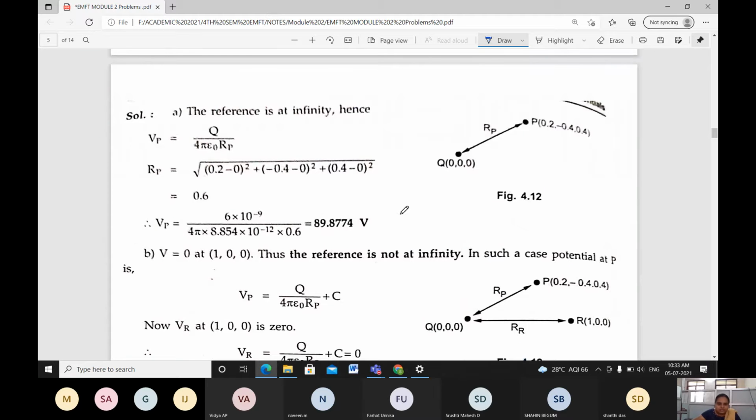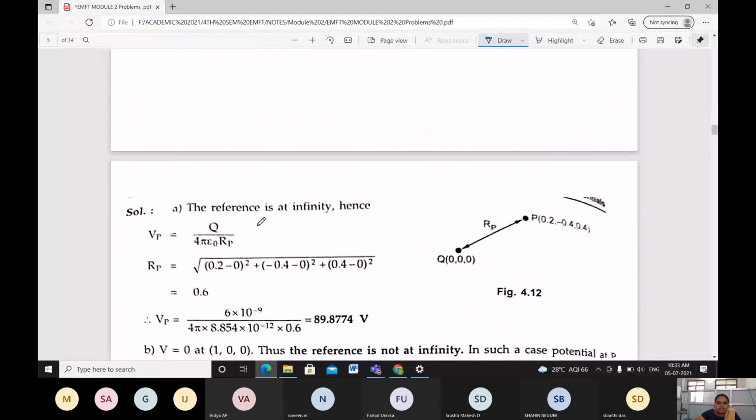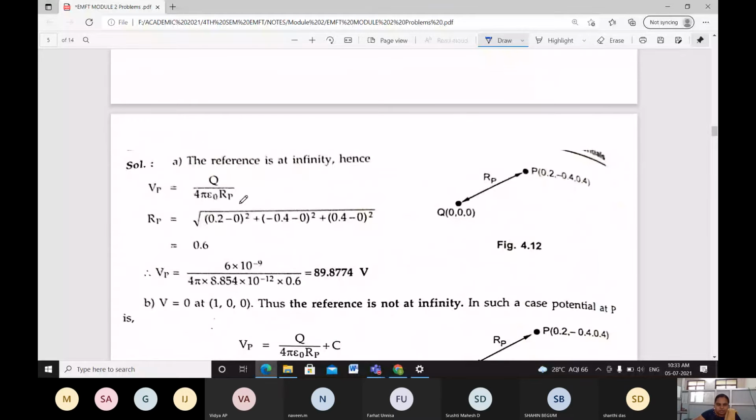In the first case, where the reference is at infinity, Vp is equal to Q divided by 4 pi epsilon naught times Rp.